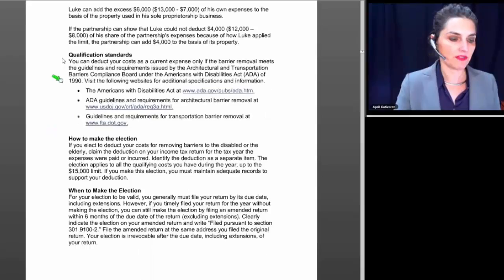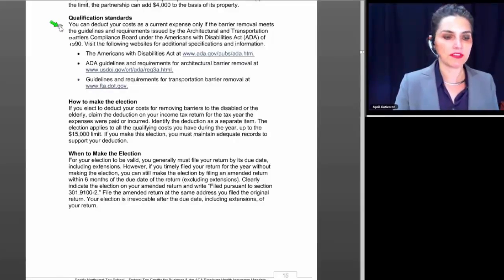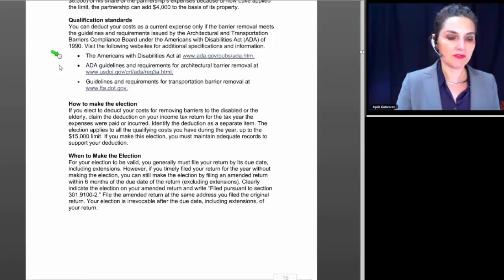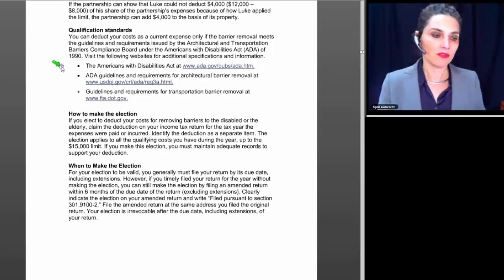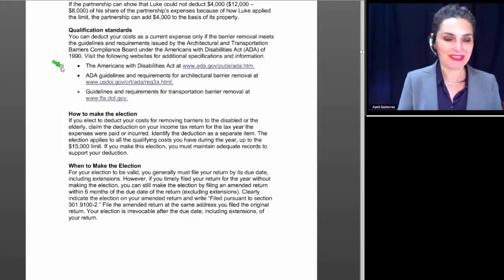Qualifying standards. You can deduct the cost as a current expense only if the barrier removal meets the guidelines and requirements that are issued by the Architectural and Transportation Barriers Compliance Board under the ADA of 1990. You should visit the following websites for additional specifications and information. And so this is one of the things that I run across when I'm researching exactly what these rules mean.